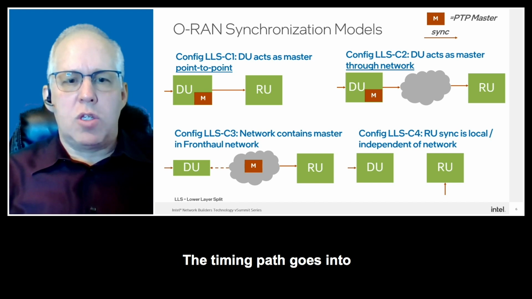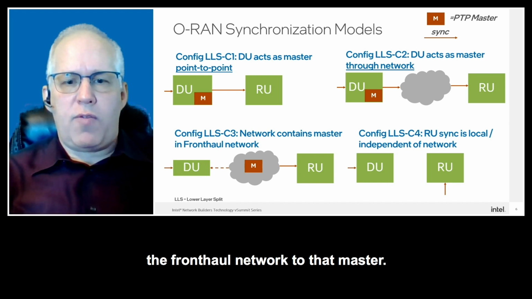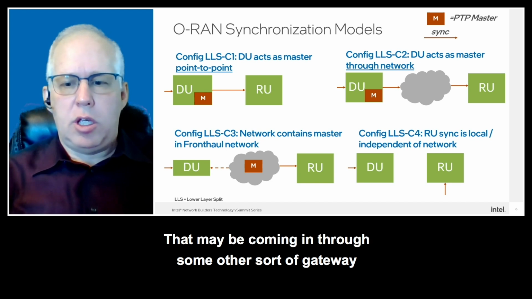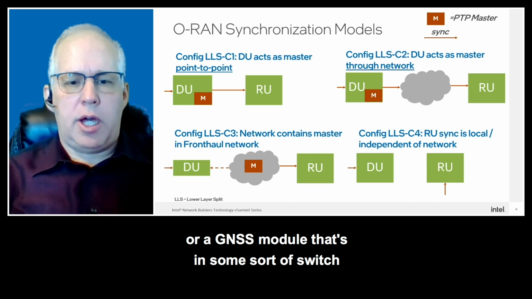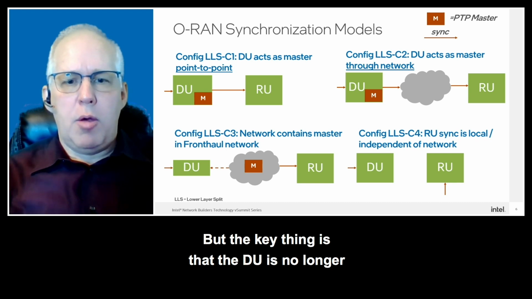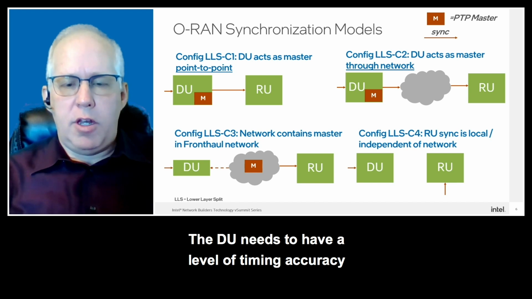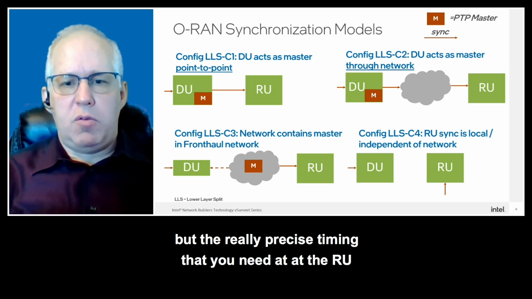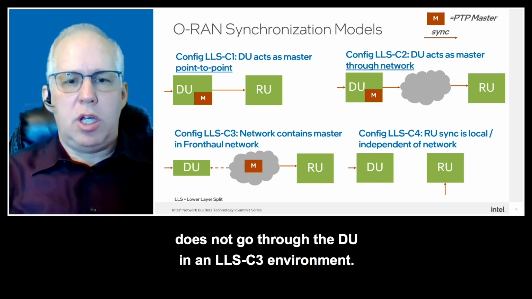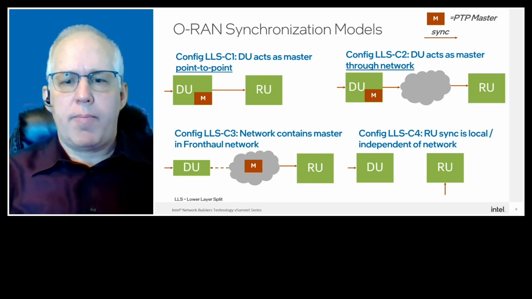The timing path goes into the fronthaul network to that master that may be coming in through some other sort of gateway or a GNSS module that's in some sort of switch or fronthaul router. But the key thing is that the DU is no longer in the critical path of timing to the RU. The DU needs to have a level of timing accuracy, but the really precise timing that you need at the RU does not go through the DU in an LLS-C3 environment.